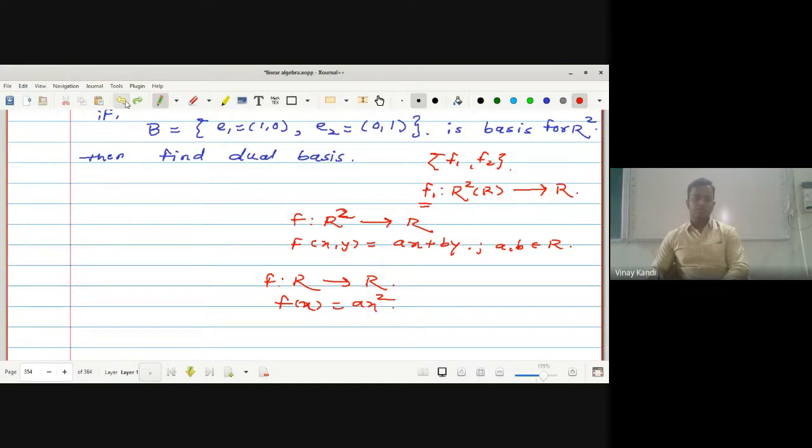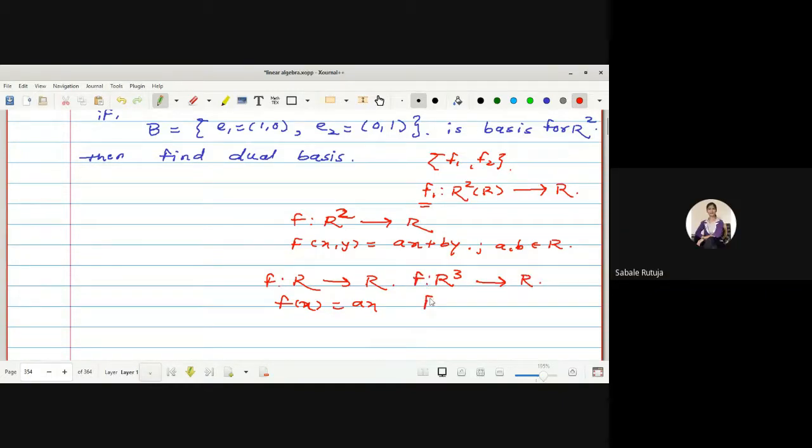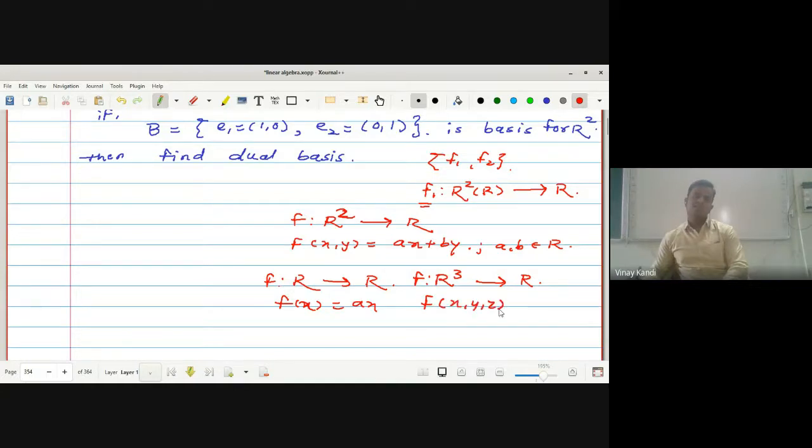From R3 to R, what will it be? f of x, y, z is equal to ax plus by plus cz, where a, b, c are any real numbers. If you take a square or square root, the linearity condition will not be proved. So any linear transformation from R2 to R is of the form f of xy equal to ax plus by.